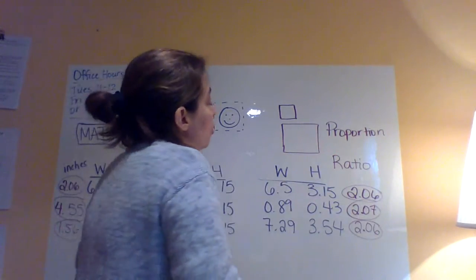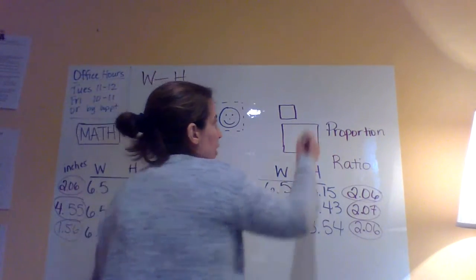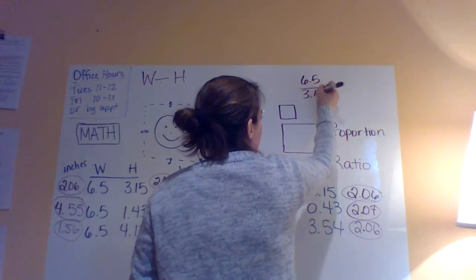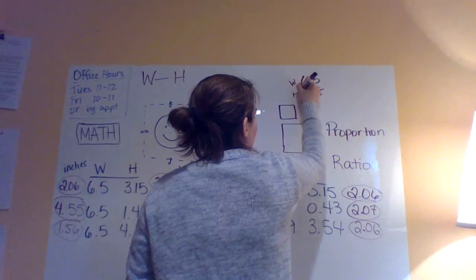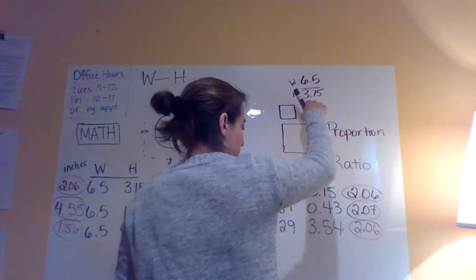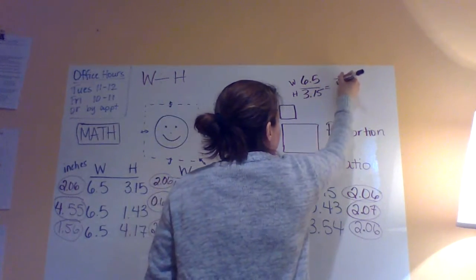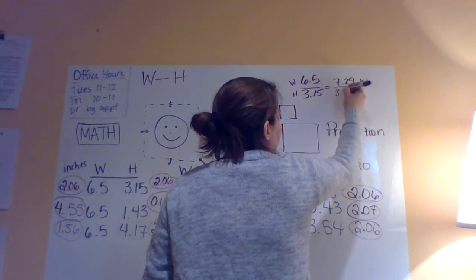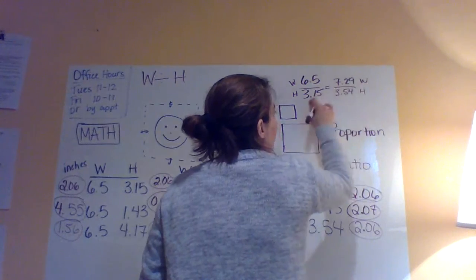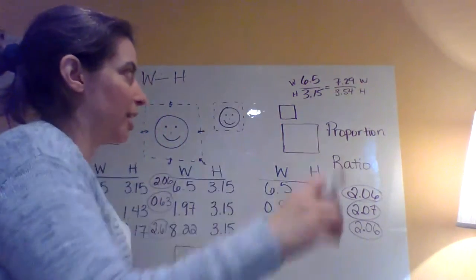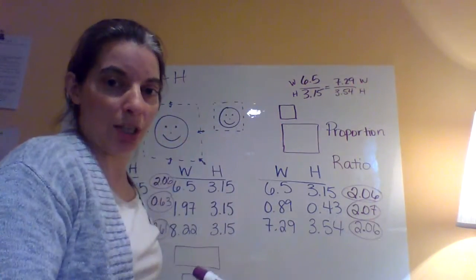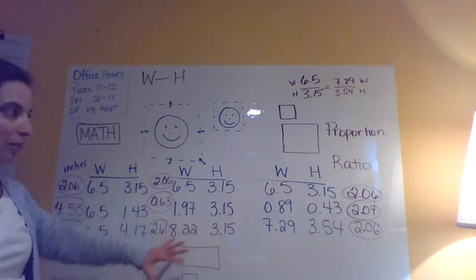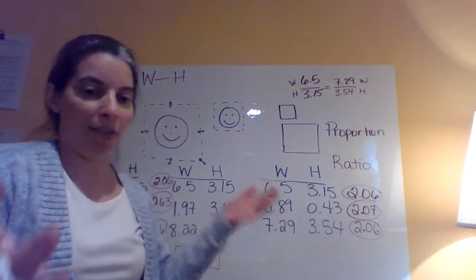So I could make a proportion by saying 6.5 inches over 3.15, so the width and the height of the first image, equals the width over the height of the second image, right? They have the same relationship, so they are in proportion. If two things are not in proportion, then they get distorted. If they're in proportion, then they have that same relationship.